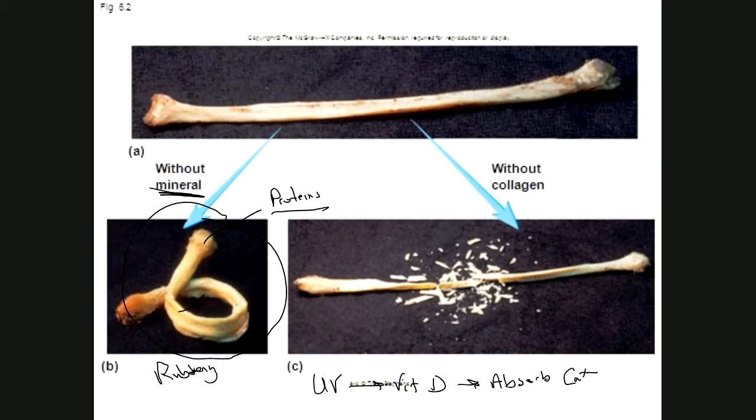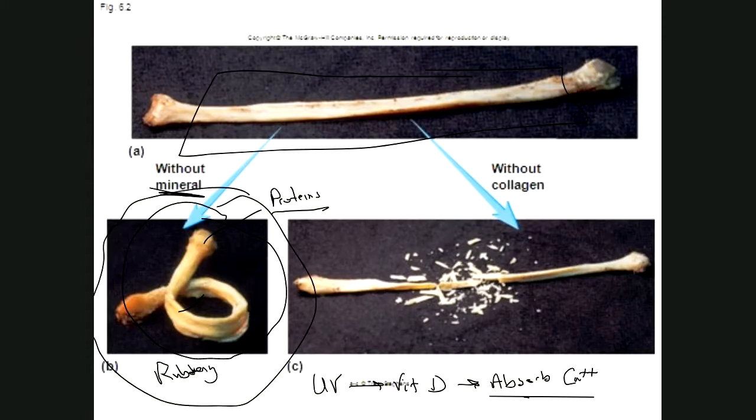And so when you build bones, the bones don't look like this. The bones look like this. And so remember, those kids had weird shaped legs. They bow out like this. And the reason why is because their body weight pushes down and the bones are flexible, they're rubbery, and they bend. And so if you don't have enough of this, these bones don't work the way they're supposed to, and they also become very misshapen.